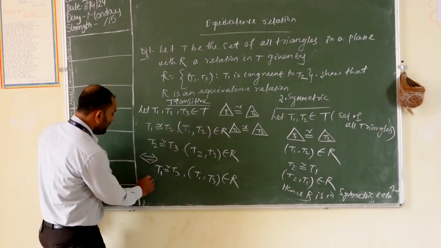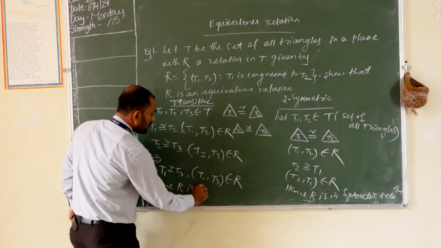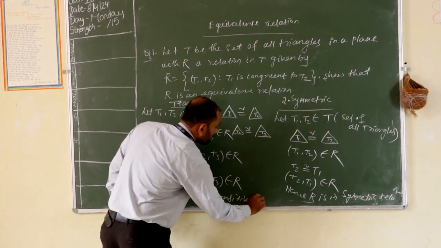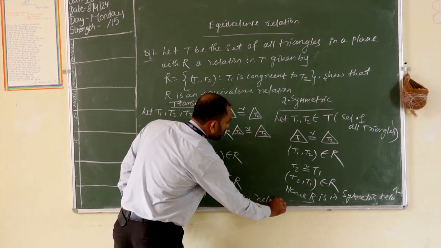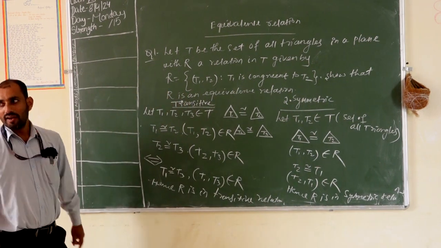Hence R is a transitive relation. Okay, write down: R is a transitive relation.